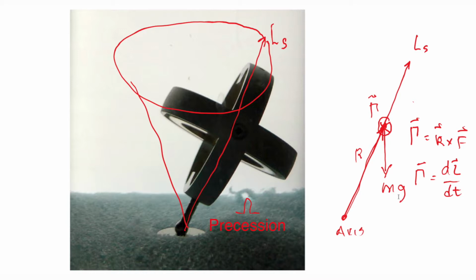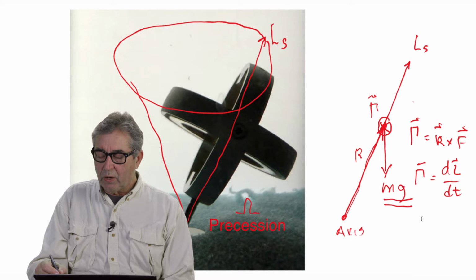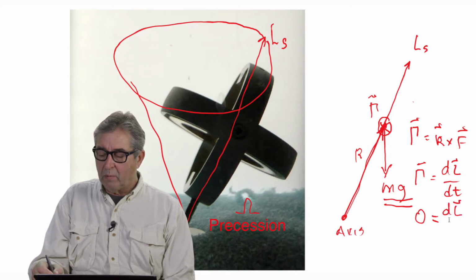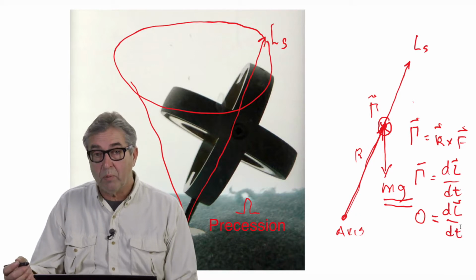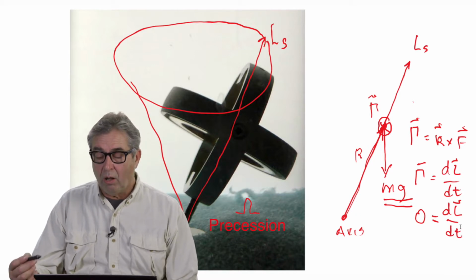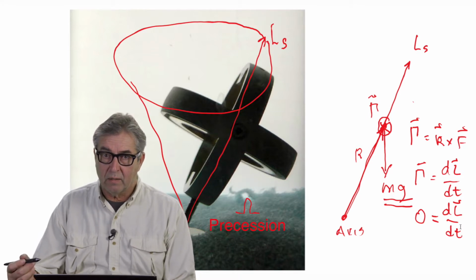Now, when weight goes away during drop, torque becomes zero, so the time rate of change of angular momentum is equal to zero, and that means that most people would predict that all the gyroscope would do in the drop tower is stop precessing.